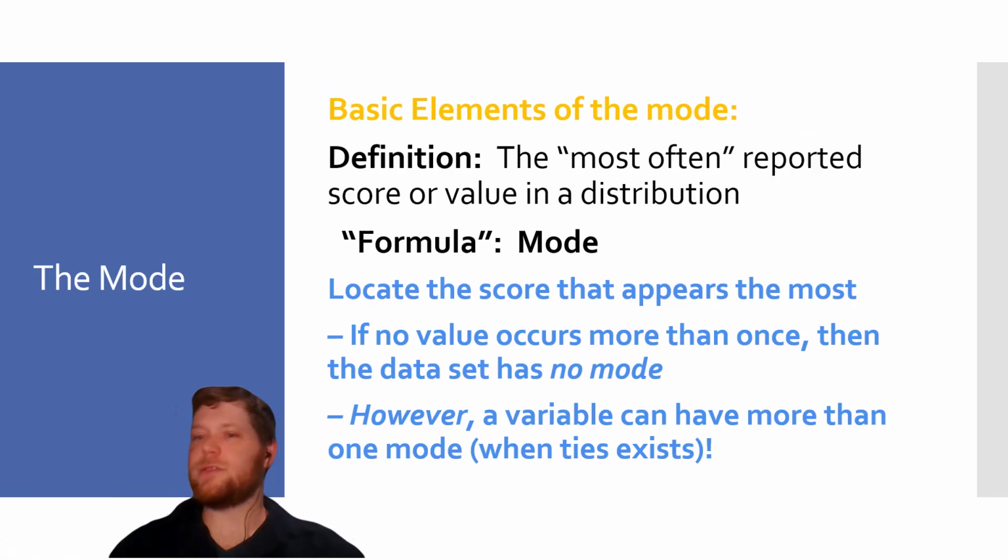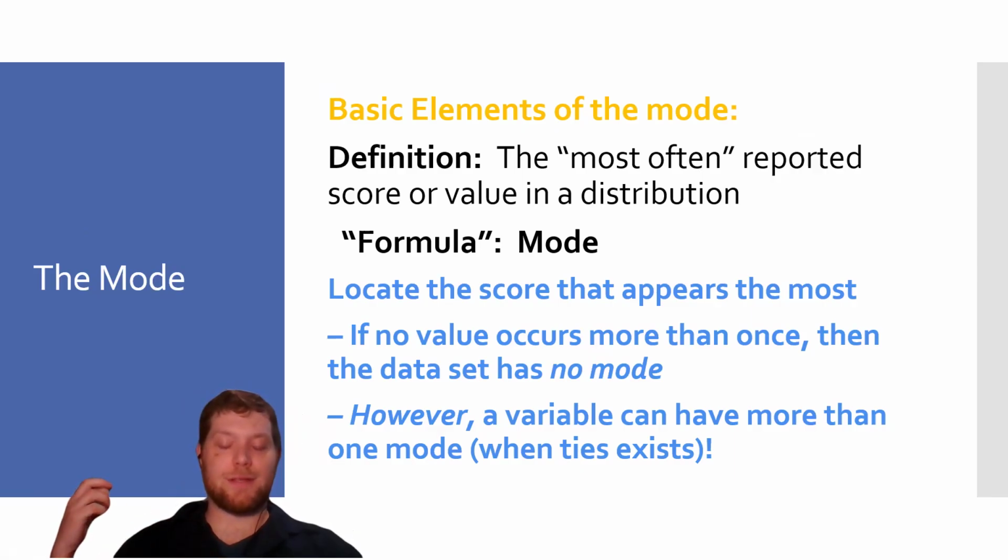But often it does. Usually, when you have a large enough sample size, there's at least a couple values that happen more often than others. And so, if you have that case, then you find out how often each unique value happens. So, if I said age, there might be a bunch of people who are 21, 22, 23, and so on, but maybe most people are 25.